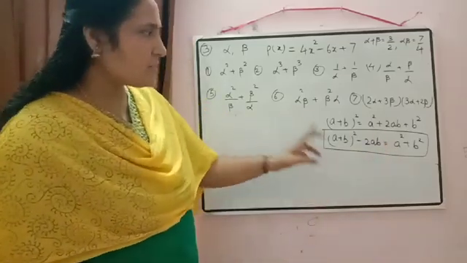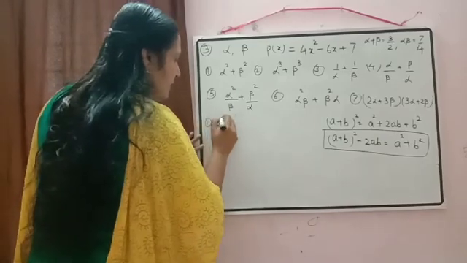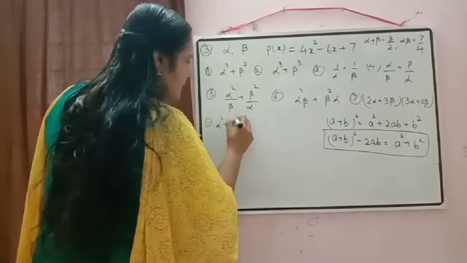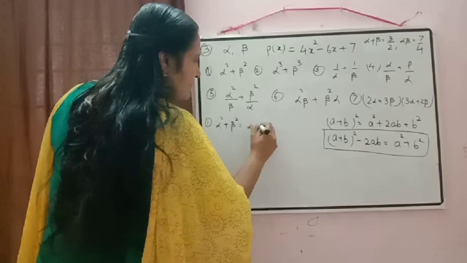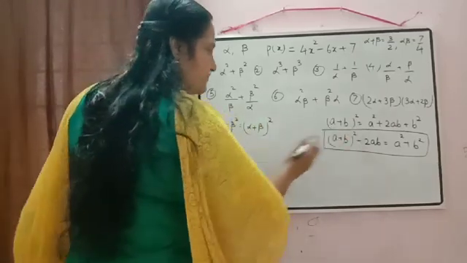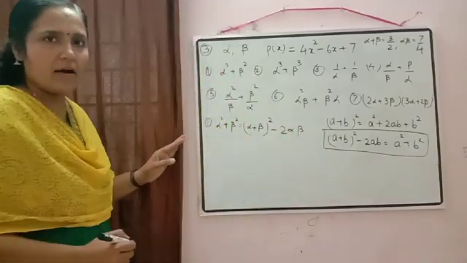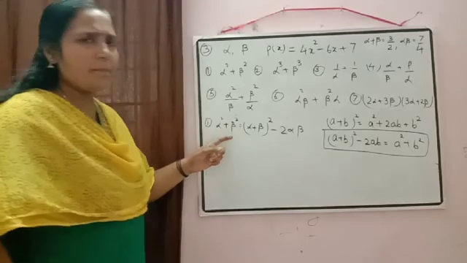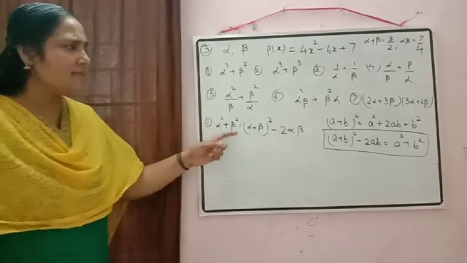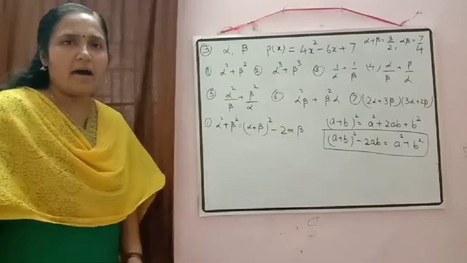So based on this, how we can rewrite alpha square plus beta square? Yes, alpha square plus beta square can be written as alpha plus beta the whole square minus 2 alpha beta.